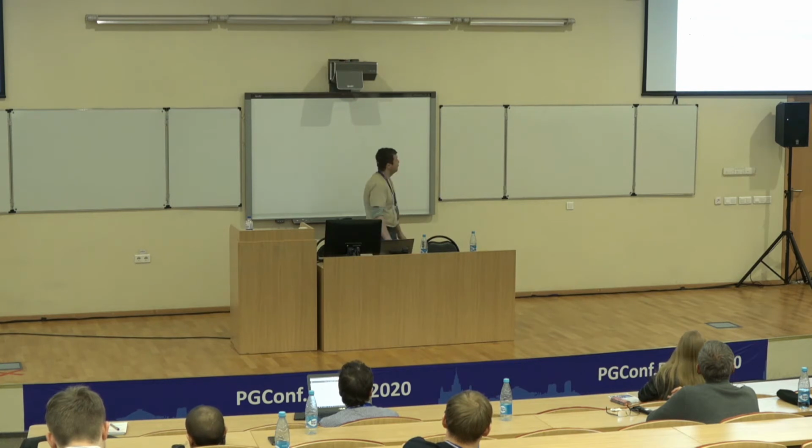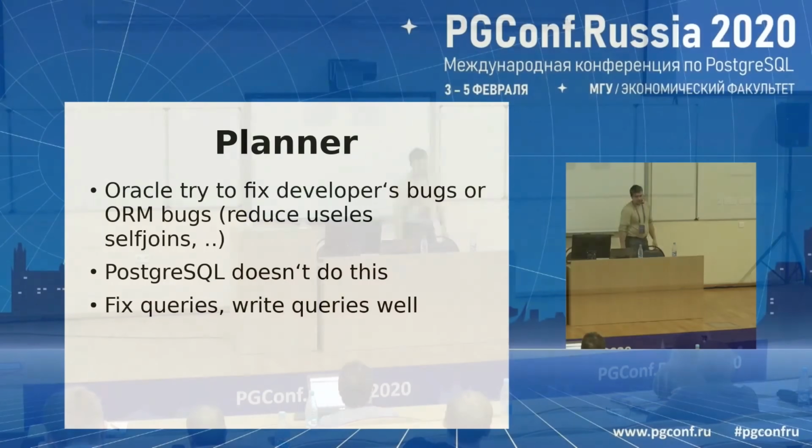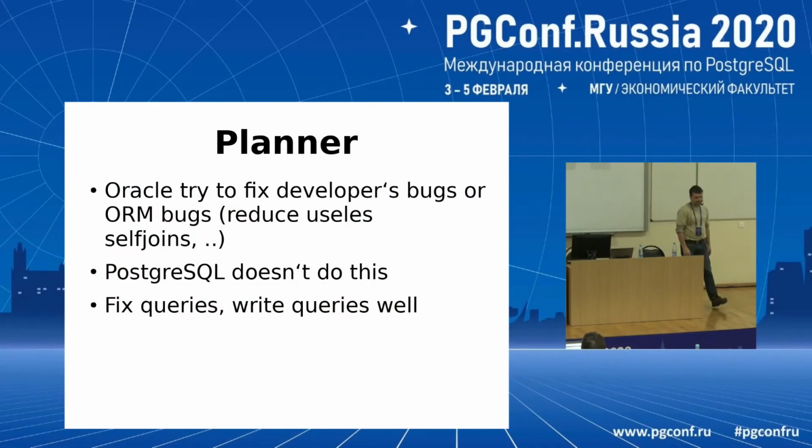Another source of performance issues is the planner. The Oracle planner is really complex and really rich, and tries to fix a lot of situations, a lot of developer issues. It is related to commercial development. Oracle was used for migration of some older applications, and in these applications it was not possible to fix the application.